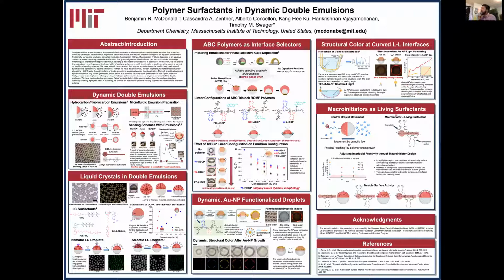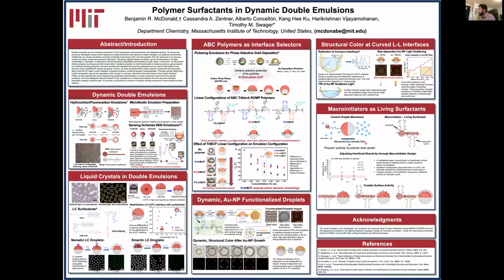And finally, I just want to briefly touch upon some of the work that is ongoing and very much in the nascent stages, and that's using living polymers, essentially macroinitiators, as a living surfactant. So what we want to do is take a polymer, align it at the surface, and then use that to grow more polymer from the continuous phase, so that we might push our droplets around.